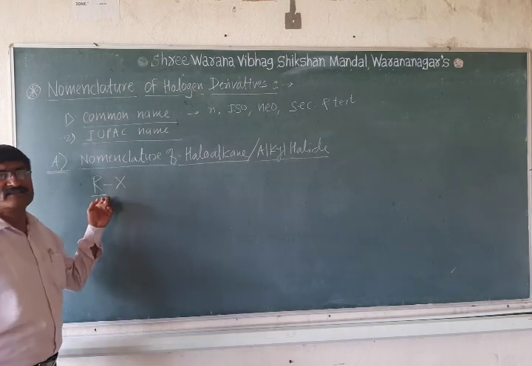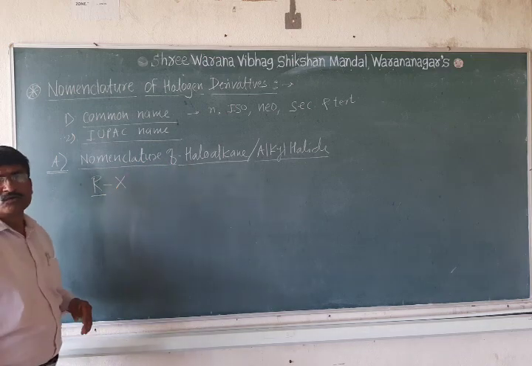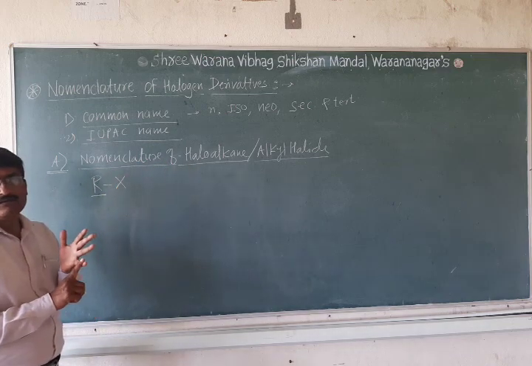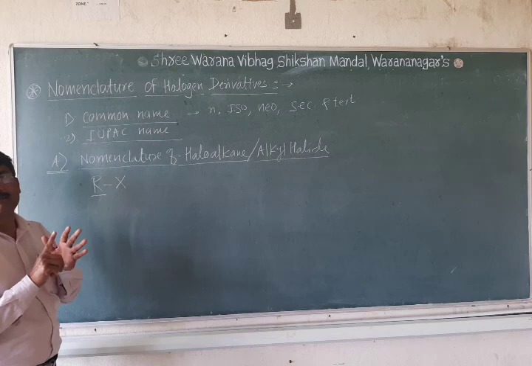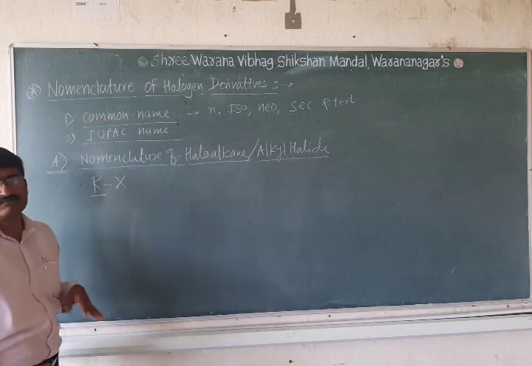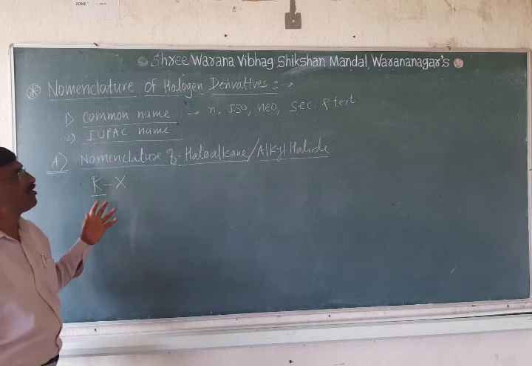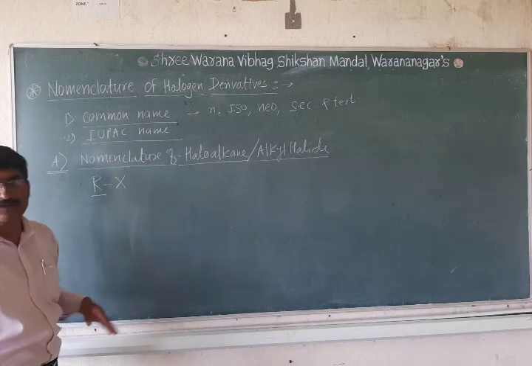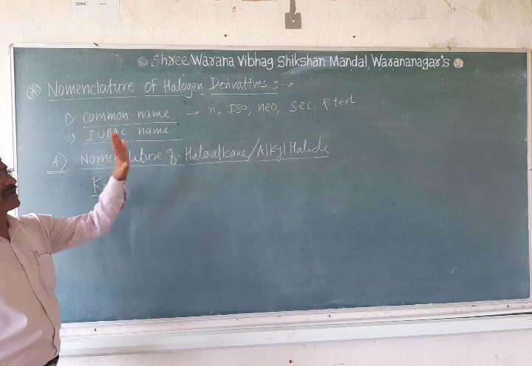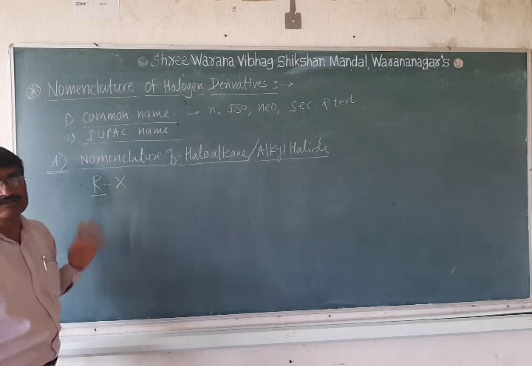What is this? R is the alkyl group. It may be ethyl, propyl, butyl, pentyl, hexyl, straight chain. It may be branched, in the form of iso as well as in the form of neo. It may be secondary or it may be tertiary.